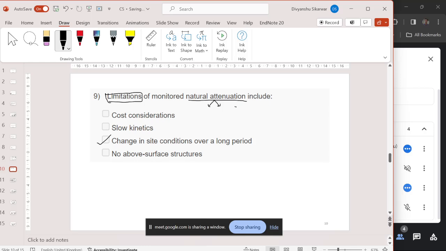Yeah, true. Because we are using destructive methods, degradation through microbes, it might take very long, right? Change in site conditions. Slow kinetics, we have slow kinetics too.